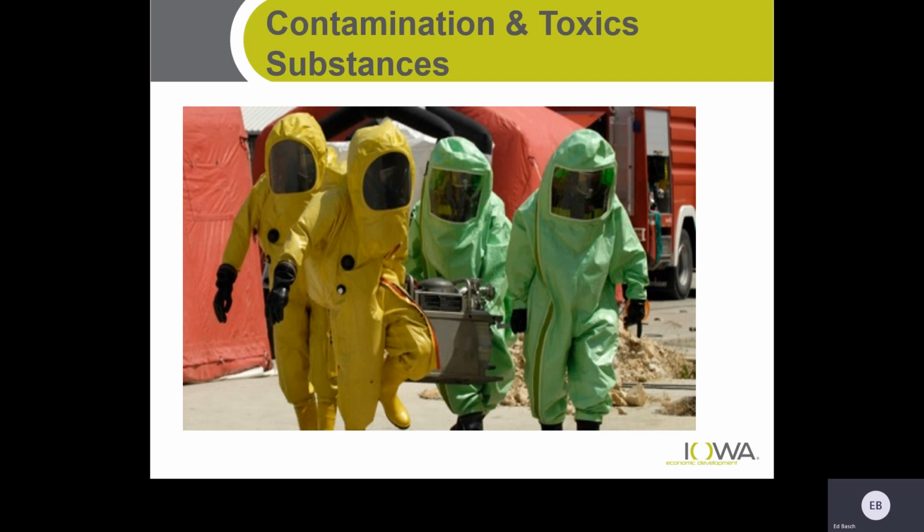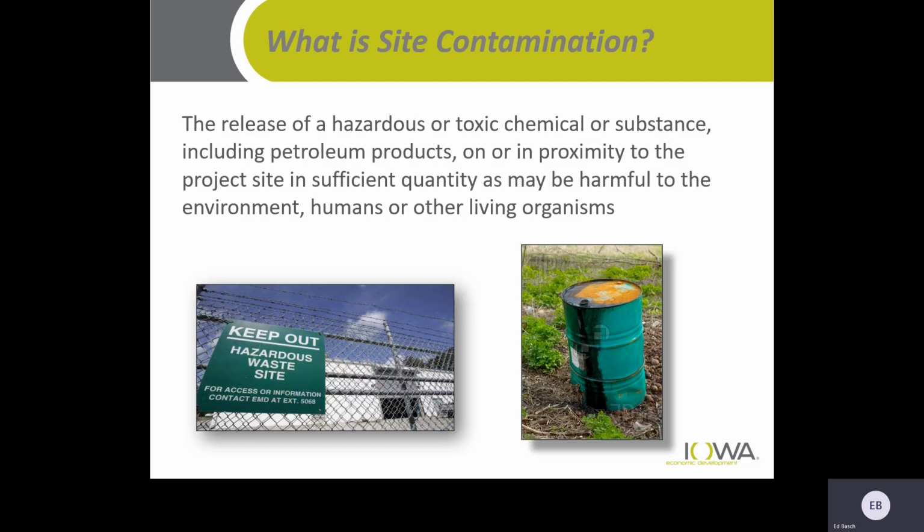Now we'll move on to contamination and toxic substances. So site contamination is the release of hazardous or toxic chemicals or other substances, including petroleum products, of course, or a site that's in proximity to your project in sufficient quantity that may be harmful to the environment, humans, or other living organisms.